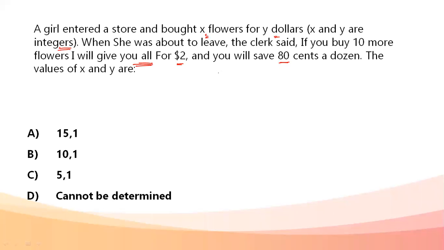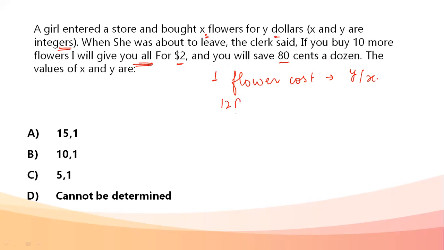X is for flowers and Y is for dollars. If I need to find the cost of one flower, it is Y by X. So total Y dollars and X flowers, Y by X will be the cost of one flower.